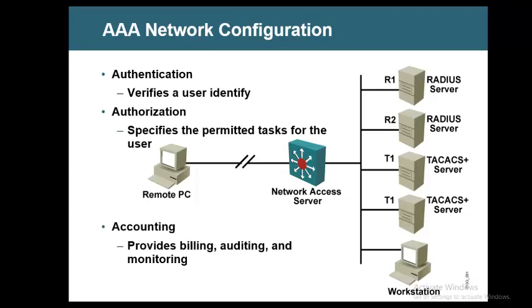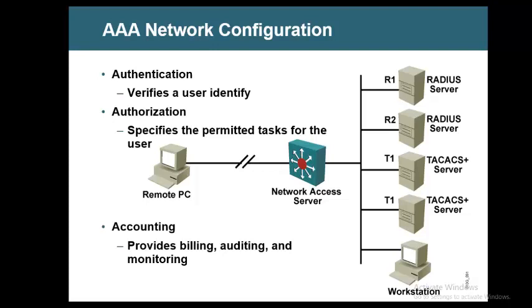You got some servers, two RADIUS servers, two TACACS+ servers, and now whenever the workstation tries to access any of the network devices, the network device will go and verify the user with the TACACS+ or RADIUS. If this server grants permission, only then the user can telnet or SSH or send the traffic through the switch.